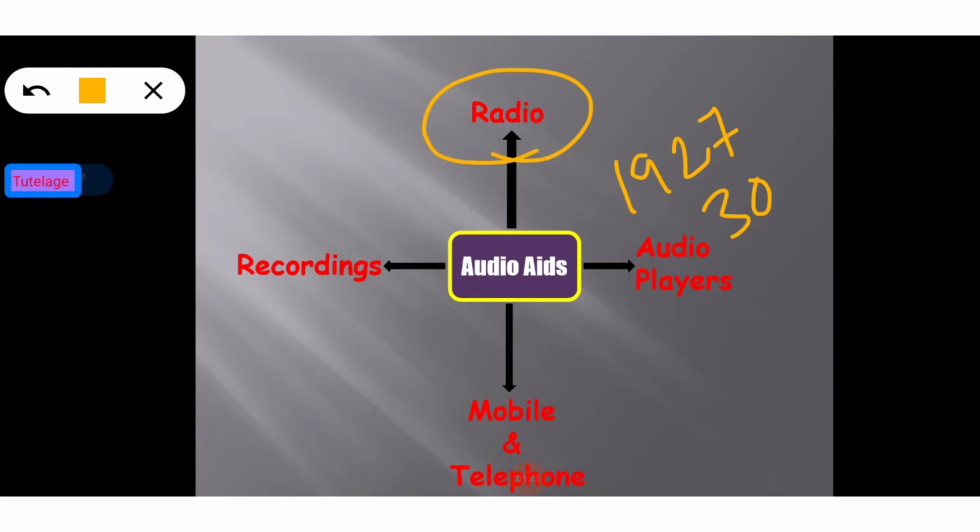It can be used for lecture streaming, news updates, streaming discussion sessions, and other educational programs. It can be used as an effective teaching aid due to its high reach and availability in even remote areas, because it doesn't need any kind of internet connection.